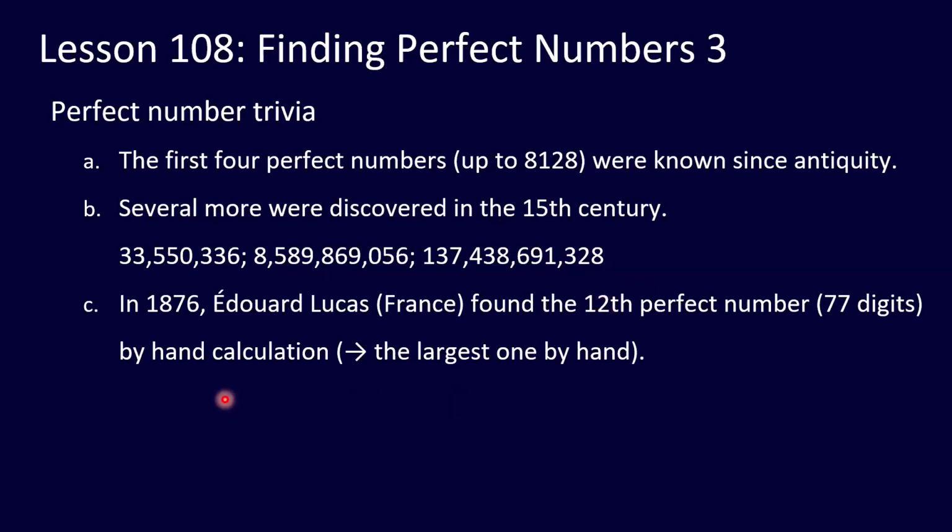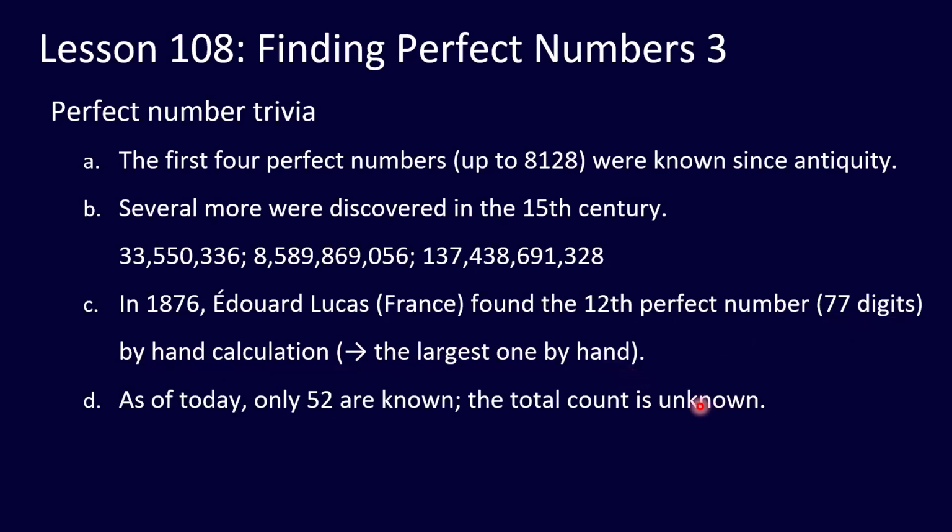Another interesting story is that in 1876, Edouard Lucas, a French mathematician, found the 12th perfect number, which is made up of 77 digits, by hand calculation. This is known to be the largest one found by hand calculation.